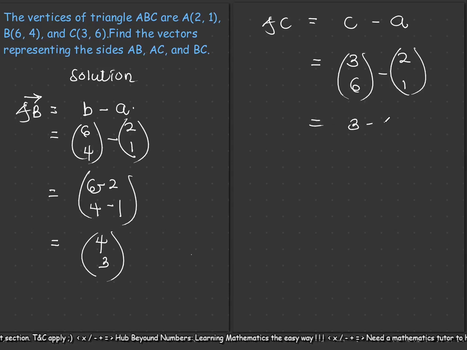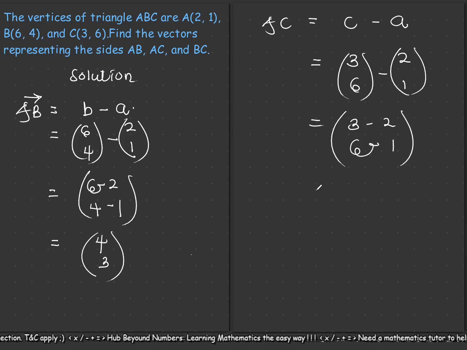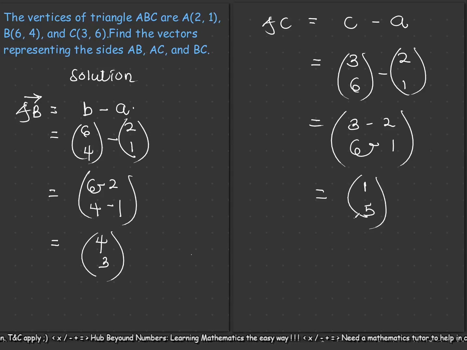Simplifying this, we have 3 minus 2, then 6 minus 1. And you know 3 minus 2 will give us a 1, then 6 minus 1 gives us a 5. So our answer for AC is (1, 5).